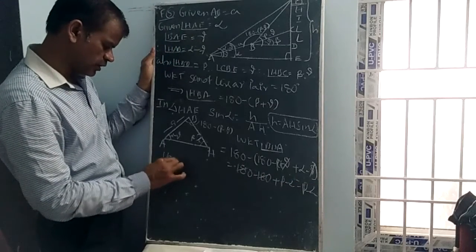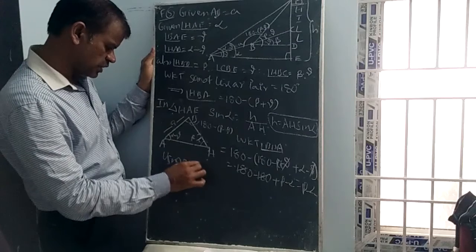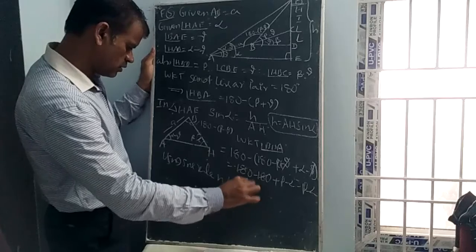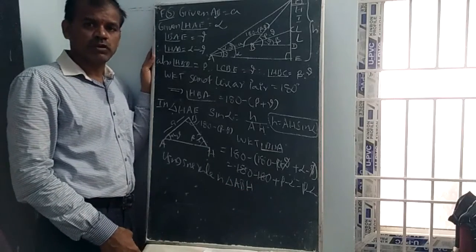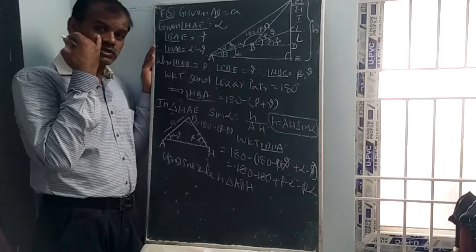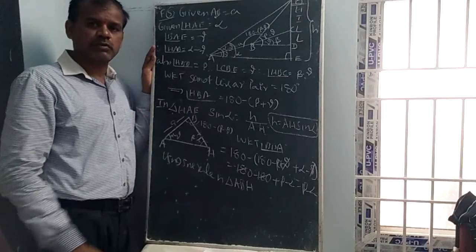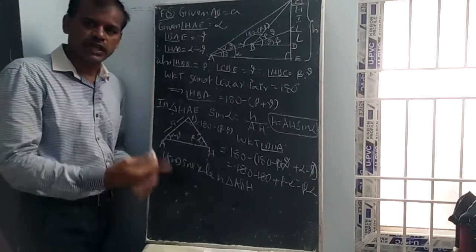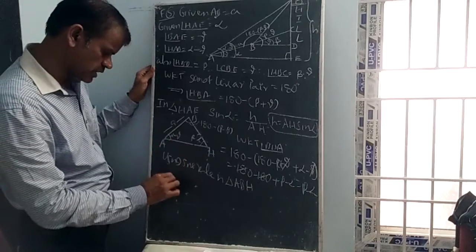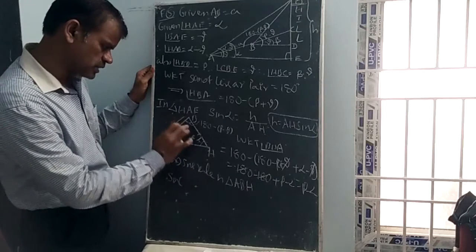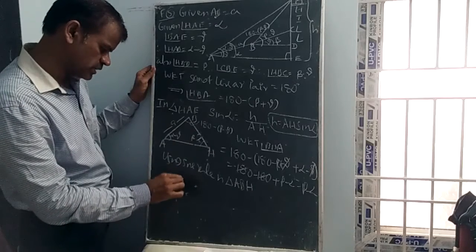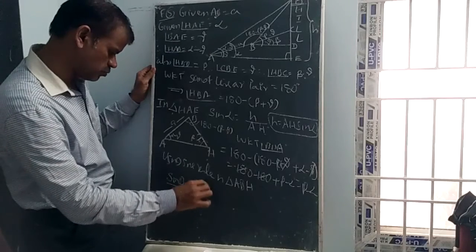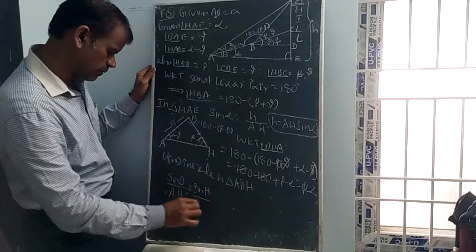Using sine rule in triangle ABH. What are the sine rules? Small a by sine A equals small b by sine B equals small c by sine C. Small a means opposite of capital A, b means opposite of capital B, c means opposite of capital C. Otherwise sine A by a equals sine B by b also we can write. Sine capital B by AH is equal to sine capital H by small a, where this is AB.